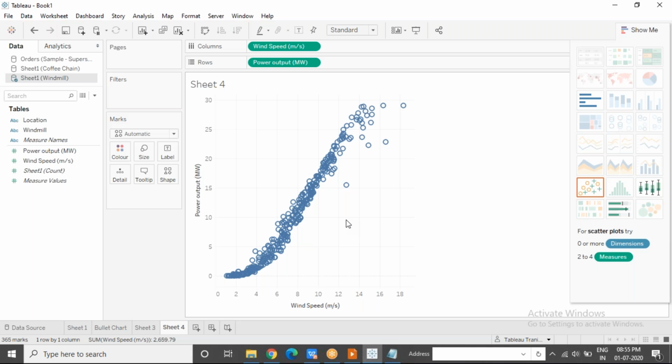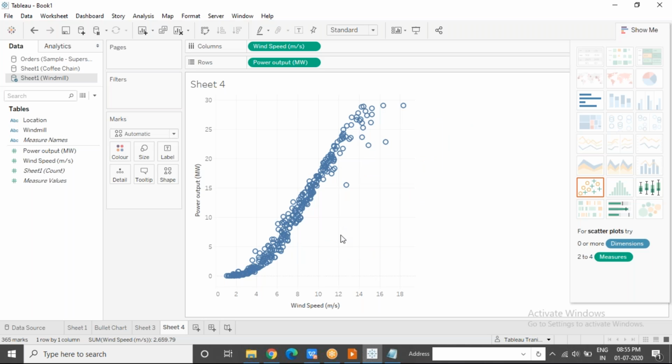All of you will agree that it is strong and positive. I don't have any second opinion coming here. That is nice, because usually I get mixed opinions on the strength. Some people say moderate, some people say strong. By looking at the direction and the shape, we can understand it is strong and positive.